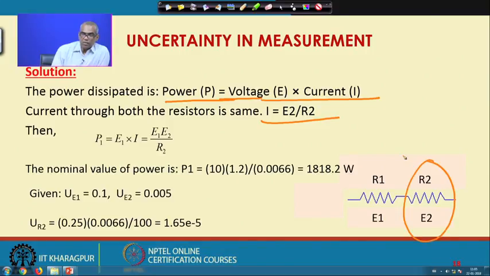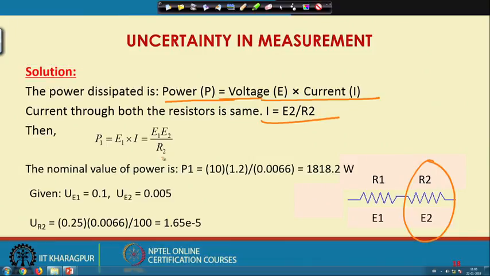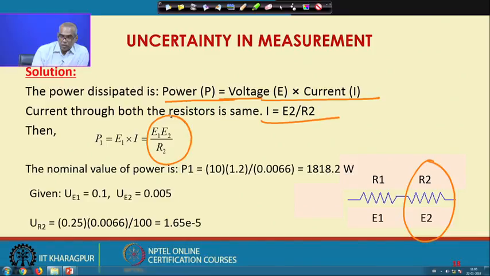So, then power is E1 into I, which is E1 E2 by R2. The nominal value of power can be obtained straight away from this equation. So, I put all the values given and get 1818.2 watt.